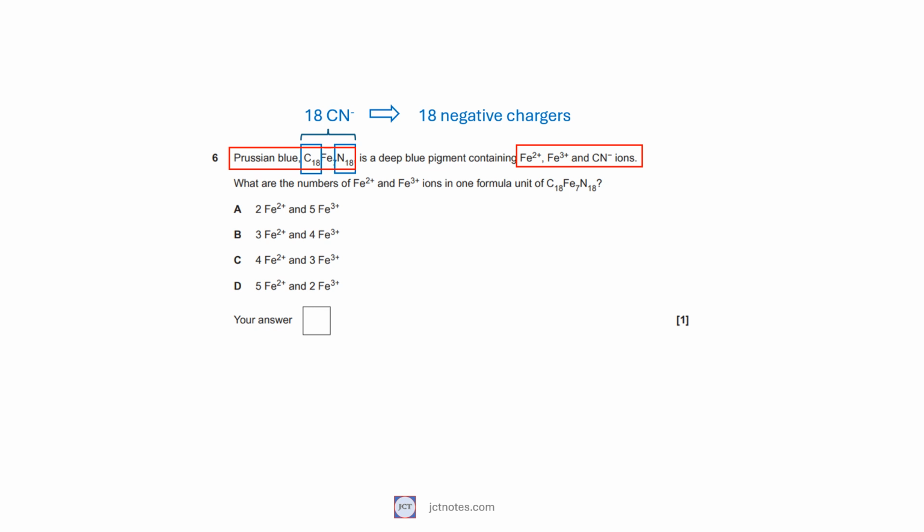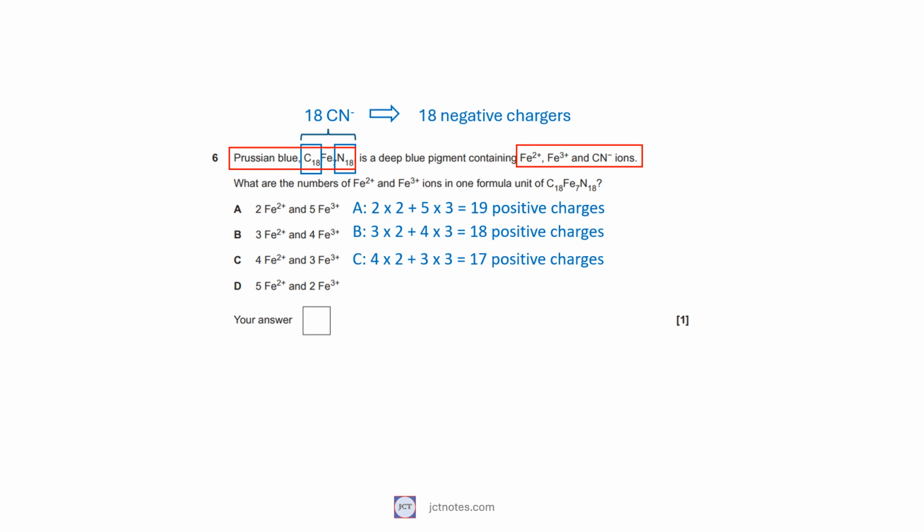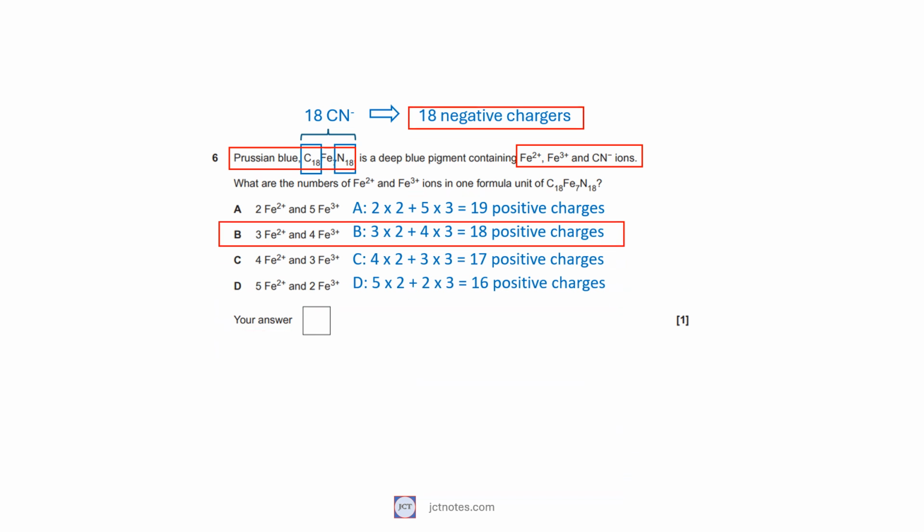We just need to check what will be the net charge of the different answers. Option A gives 19 positive charges. Option B gives 18 positive charges. Option C gives 17 positive charges. Option D gives 16 positive charges. Therefore, the answer is B.